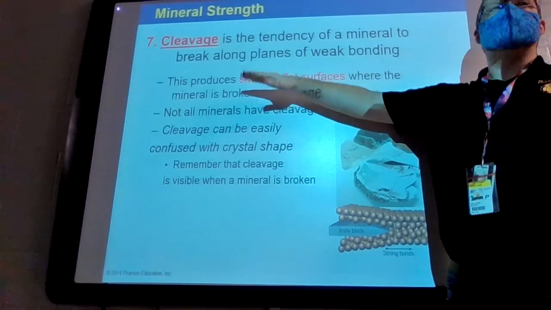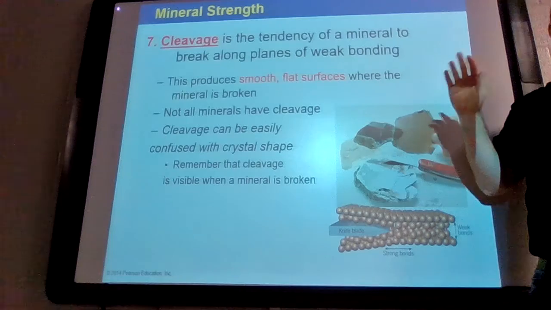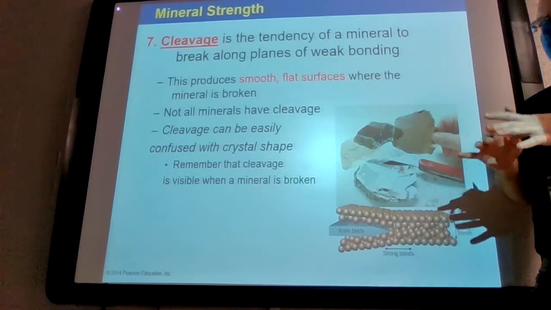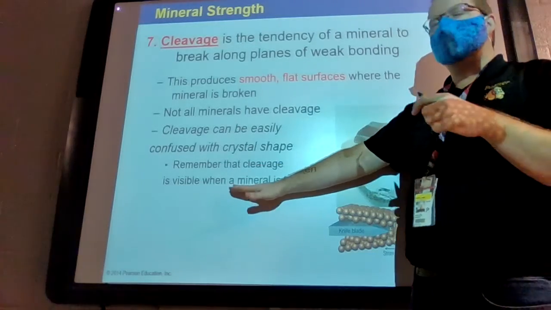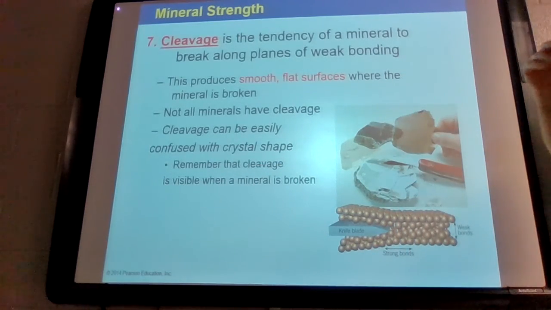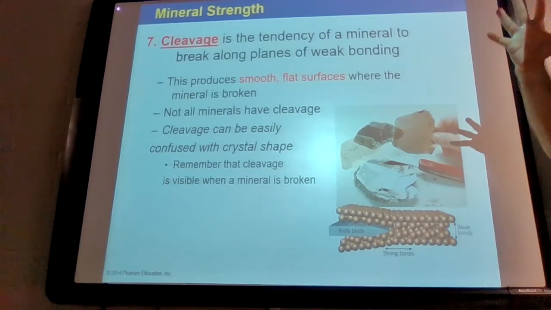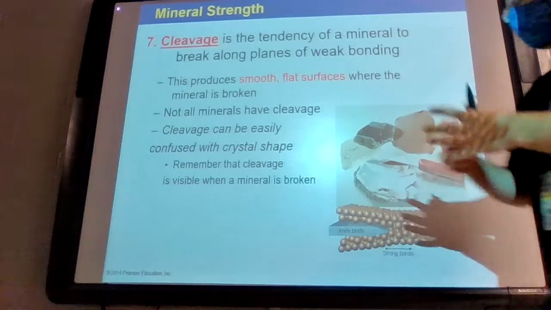What it produces is smooth, flat surfaces. If it's not smooth and flat, it's not cleavage. It falls under the category of fracture, which we'll see in just a second. So remember that it has to be broken. If it's grown that way in a flat surface, that's a crystal face, and that comes from crystal habit. If it's broken that way, then that becomes cleavage.